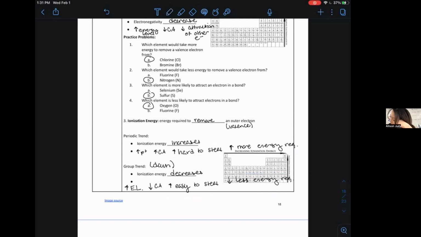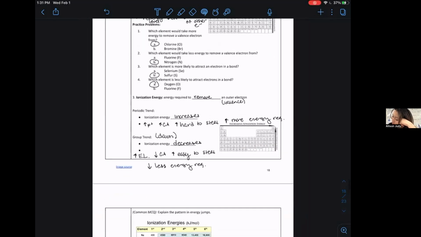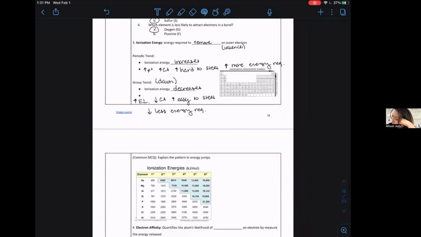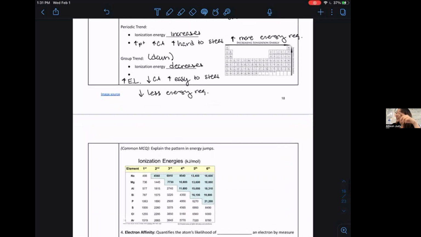These trends are very popular concepts on the AP. When you look at ionization energy, we can actually have successive ionization energies because we can keep peeling electrons away. It's not favorable, but we can. Every time you successively take another one away, it gets more and more difficult.